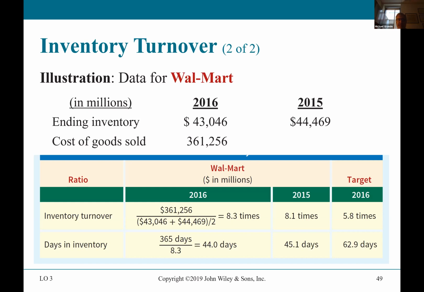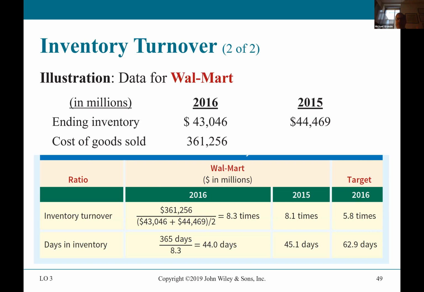So you can see the inventory turnover in 2016, cost of goods sold divided by average inventory, beginning plus ending divided by 2, is that their inventory turns over 8.3 times. In 2015, it turned over 8.1 times. And they show a comparison, a rival company, Target, which turned over 5.8 times.